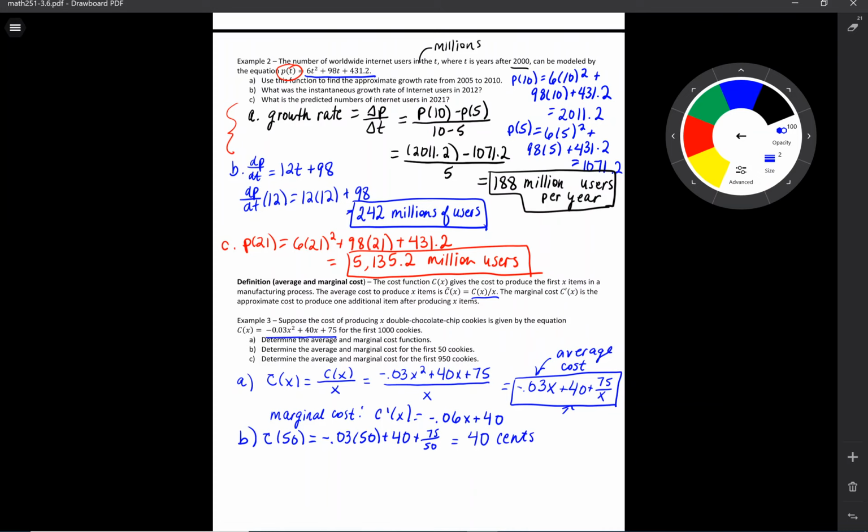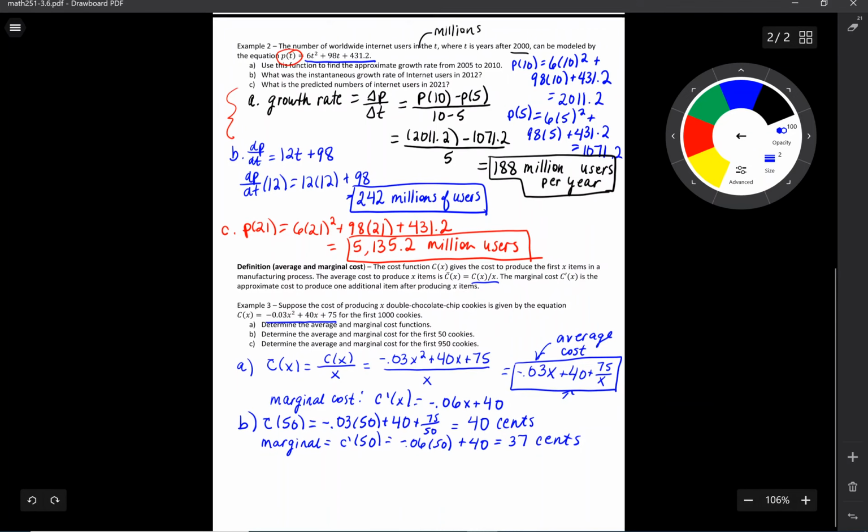The marginal cost for the first 50 cookies, so this would be the cost after making the first 50, would be c prime of 50 equals negative 0.06 times 50 plus 40, which is equal to 37 cents. So what this means is after the first 50 cookies made, the 51st cookie would cost 37 cents.